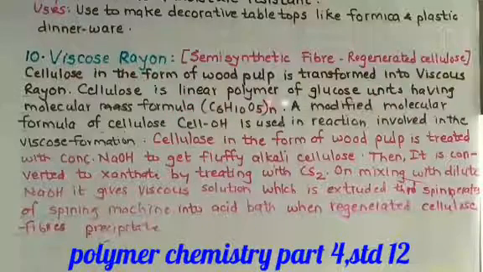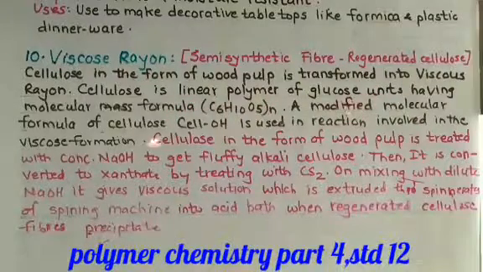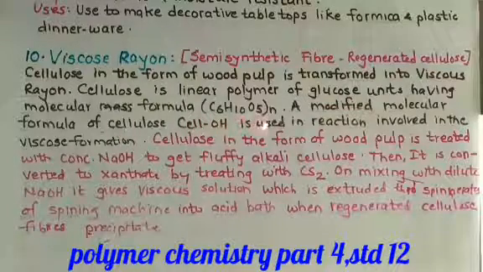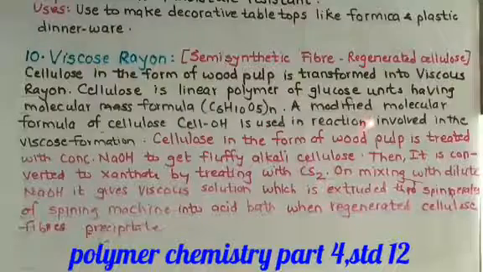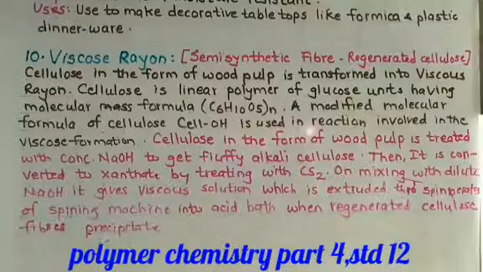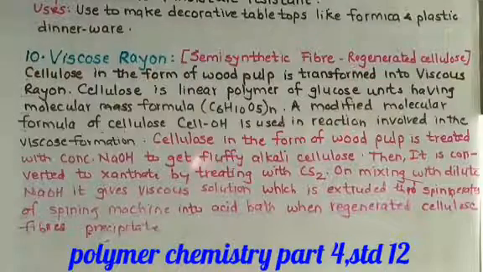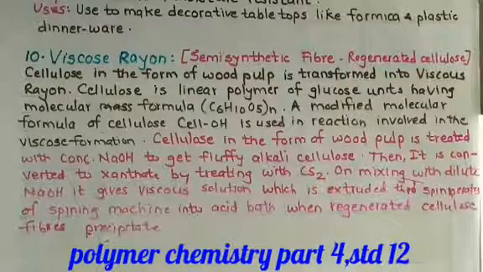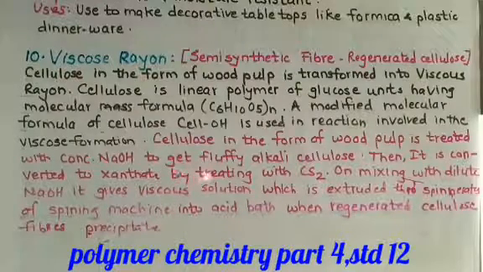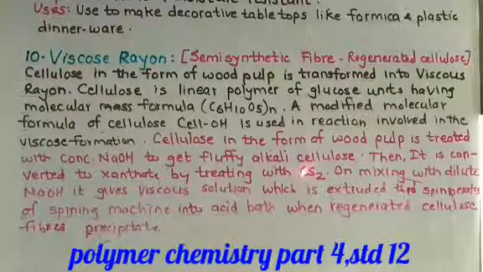Cellulose is a linear polymer of glucose units having the molecular formula (C6H10O5)n. A modified molecular formula of cellulose, Cell-OH, is used in the reaction involved in the viscose formation. Cellulose in the form of wood pulp is treated with concentrated NaOH to get fluffy alkali cellulose.